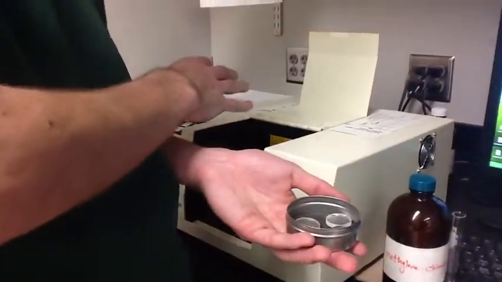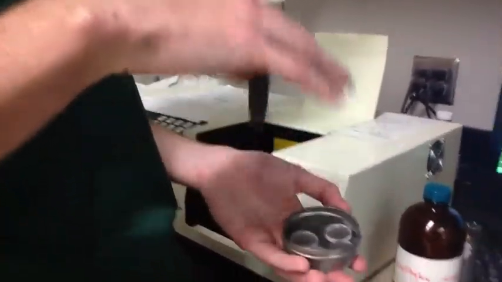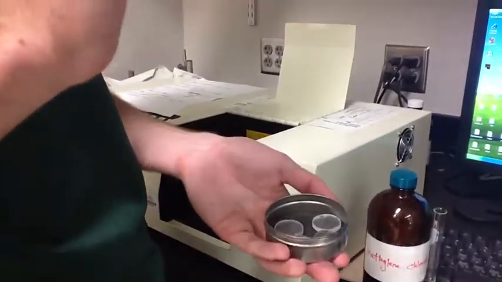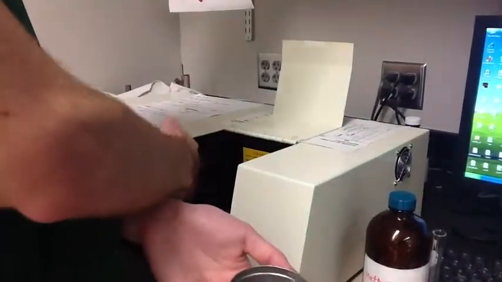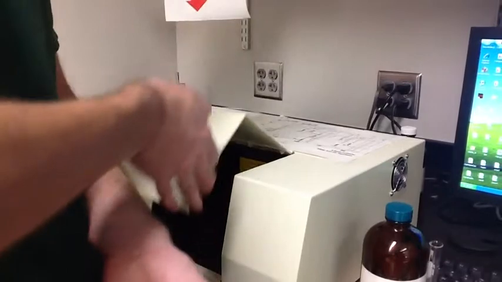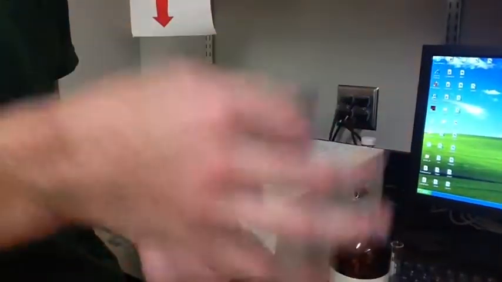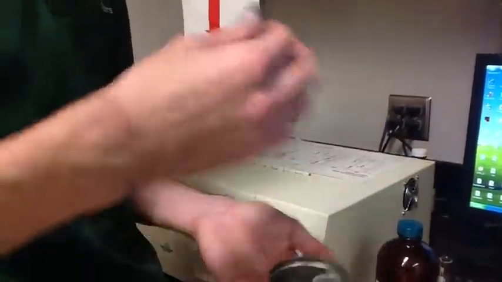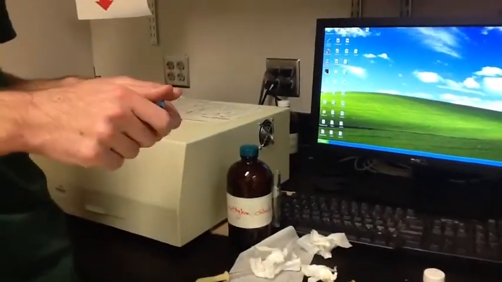These are salt plates, sodium chloride plates. Then I take your sample, pour it directly on here, close it up, make a sandwich out of it, and stick it in the instrument, close the lid, and start the IR up and it produces an IR spectrum. Every time I take it off, I clean it with methylene chloride, and then go to the next person. So that's really all there is to it, and then you get an IR data set.